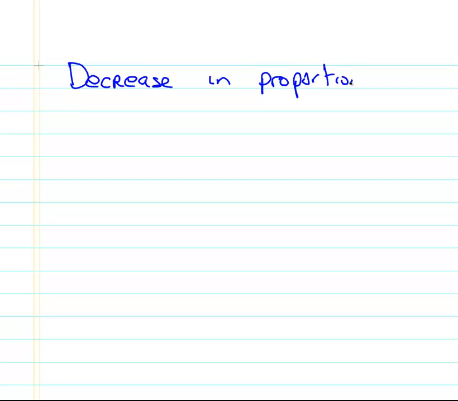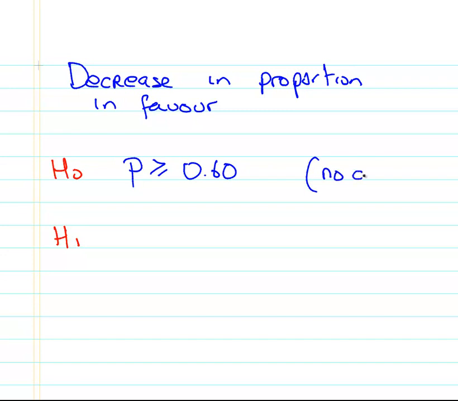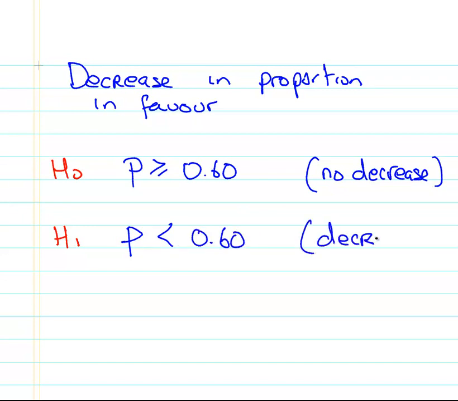So just a slightly different question. I'm not going to do the whole thing out again, but how we would write the null hypothesis is P greater than or equal to 0.60, which is to say no decrease. P less than 0.60, decrease.